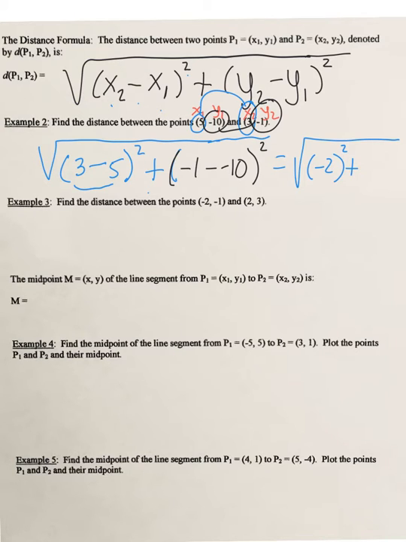Negative times negative is plus. Whenever you have two negative signs side by side, it becomes plus. So I'm going to make the two minus signs into a big plus symbol. So I actually have negative 1 plus 10, which is positive 9. And it's going to be squared.